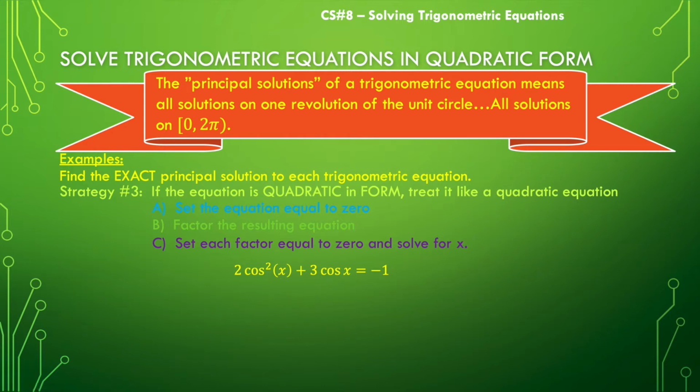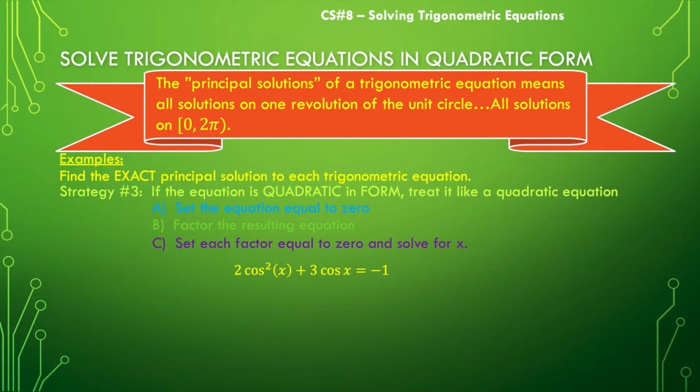The other thing is the highest degree is a square, and I may or may not have a trig function that is not being squared, and I may or may not have a constant for that matter. The key thing is we're going to have no more than one trig function, and that trig function has at least one term that is raised to the second power.